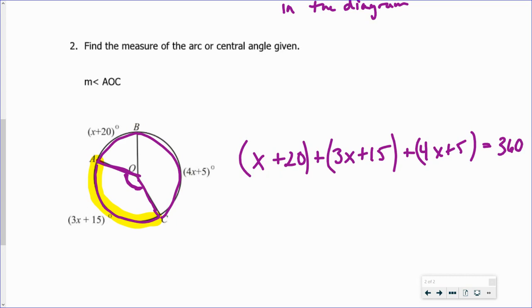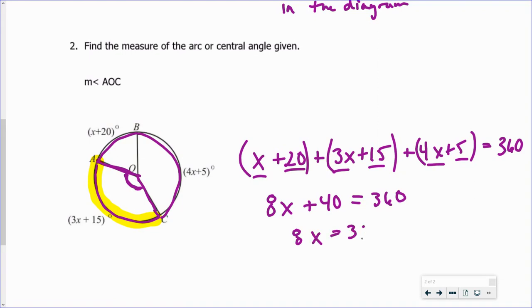And now it's just a matter of combining like terms and then solving for x. We have x, 3x, and 4x. We add those together, we get 8x. 20, 15, and 5, that is 40. And that equals 360. Subtract 40 from both sides, we get 8x equals 320. Divide both sides by 8, and we get x equals 40.